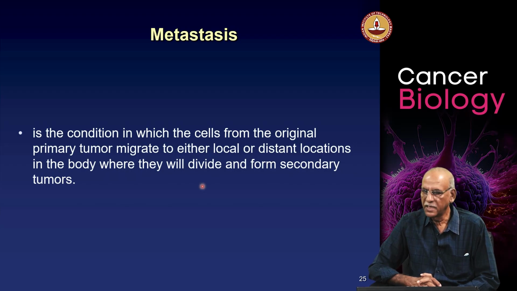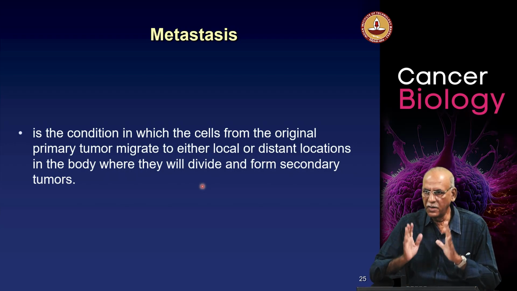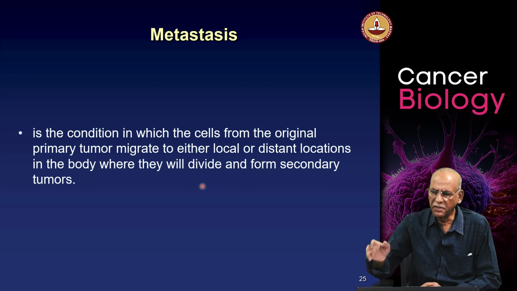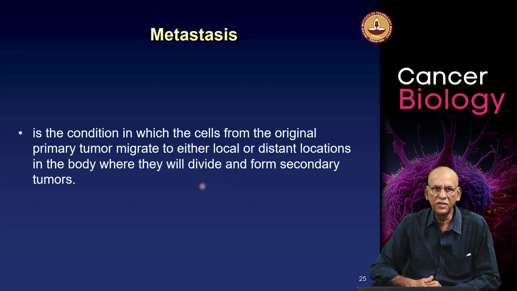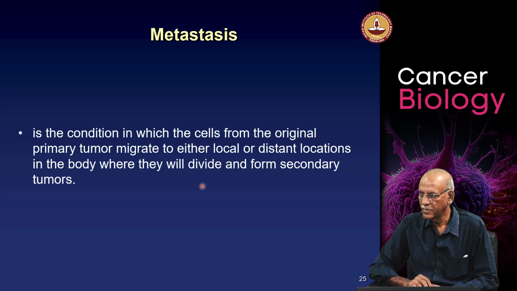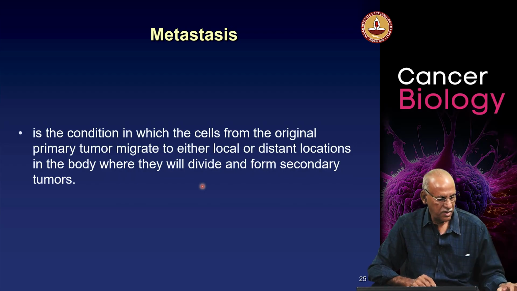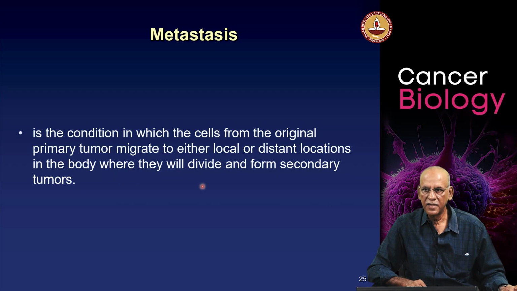It is the condition in which cells from the original primary tumor, wherever it originated, migrate to either local, that is nearby, or distant locations in the body, where they divide and form secondary tumors. This is known as metastasis. This is the most dreadful condition, and it is difficult to treat such patients.